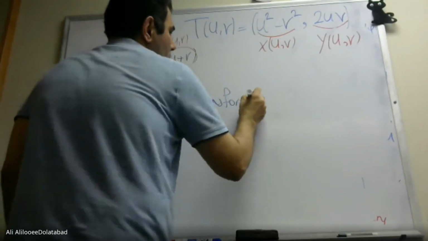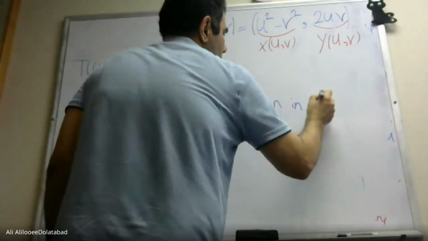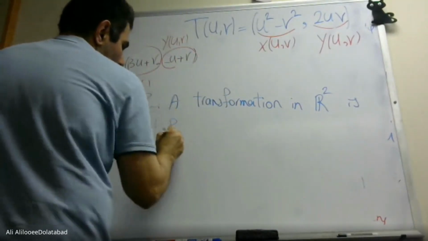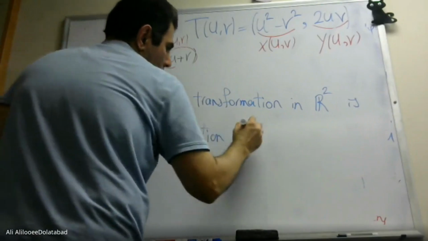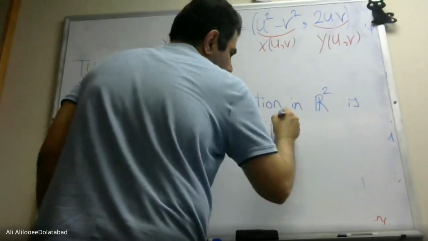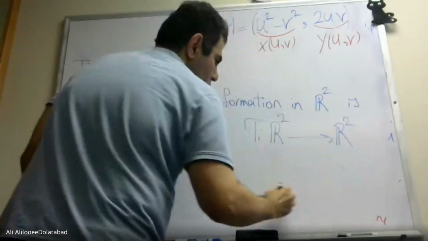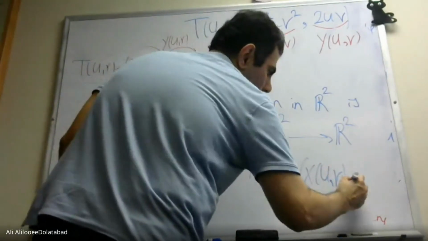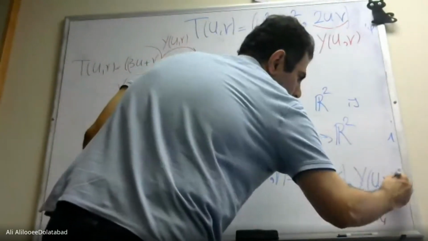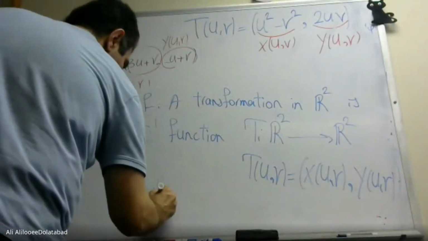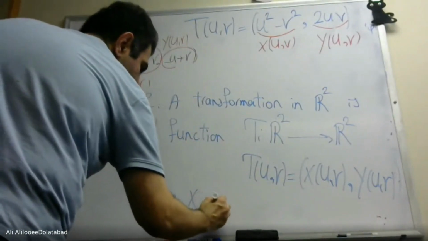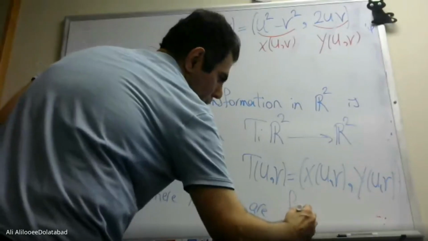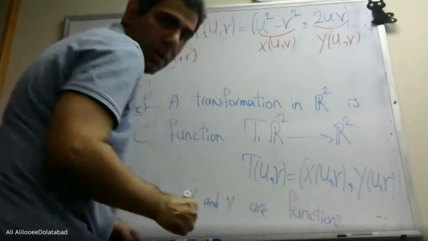A transformation in R2 is a C1 function T from R2 to R2 such that T of (U, V) is (X of (U, V), Y of (U, V)), where X and Y are functions, two variable functions for sure.